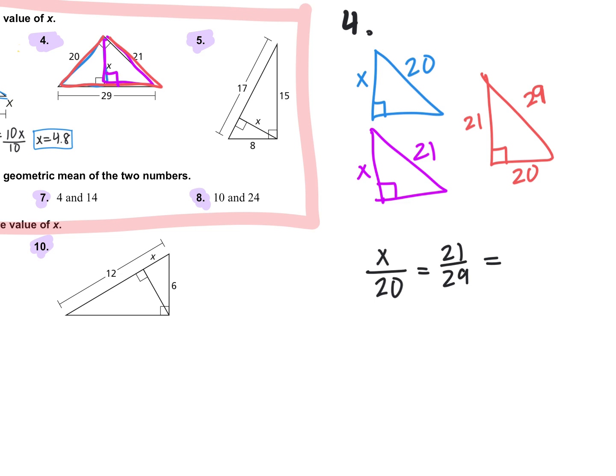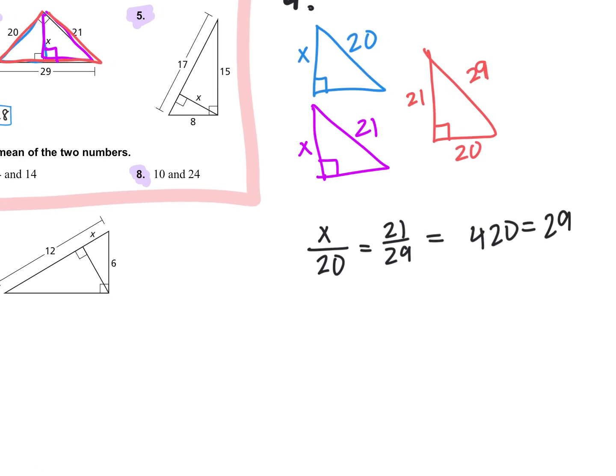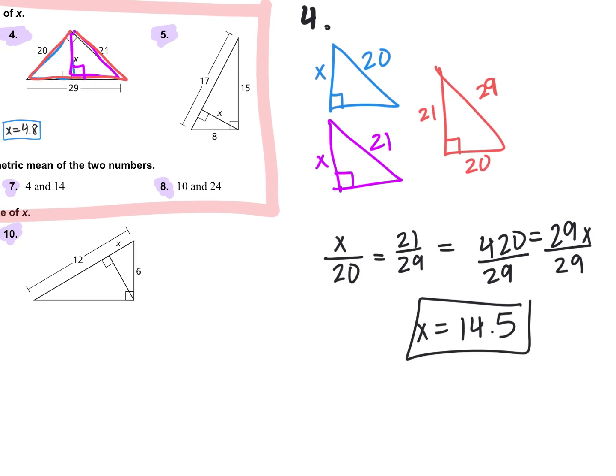Cross multiply. You're going to get 420 equals 29X. Divide by 29. And you're going to get X equals 14.5, and that's rounded, and that would be your answer.